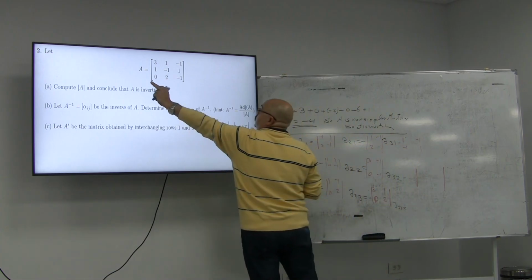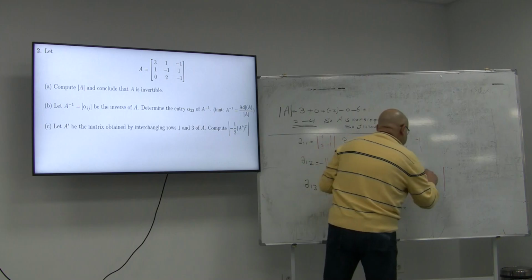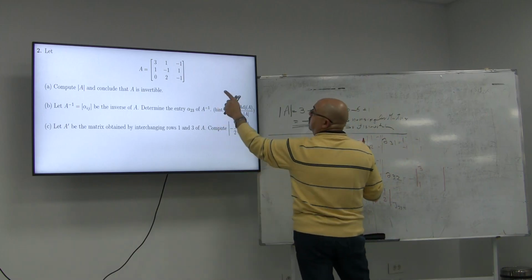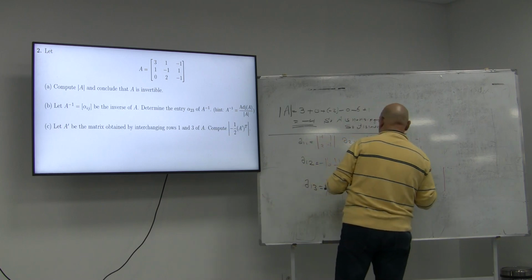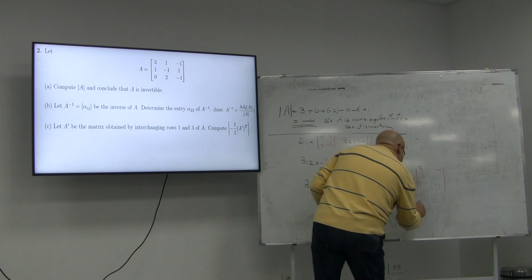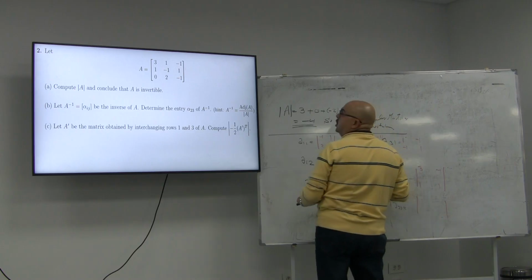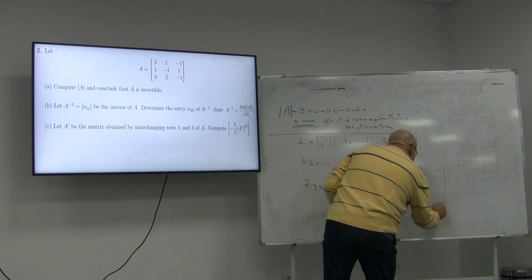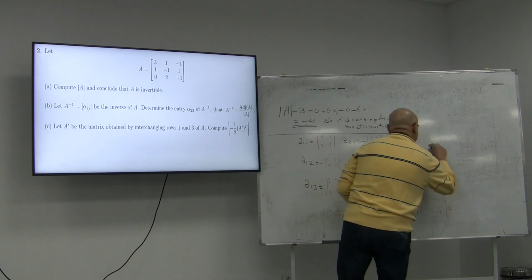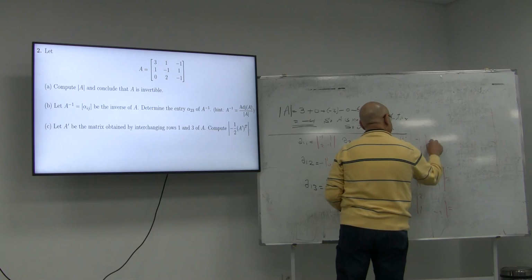Element 3 2, the third row second column, which is 3 and 1, okay, 3 1. Then element 3 3, which is 3 1 and 1 negative 1. It's gonna equal 2 each and every one of them.